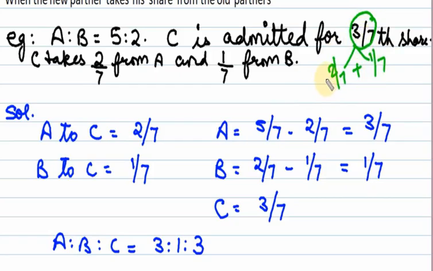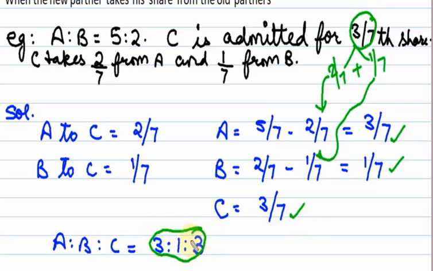So what A is giving will be subtracted from A's share, what B is giving will be subtracted from B's share, and we will find the new share of A and B. C's share we have, and so we will come to the new ratio.